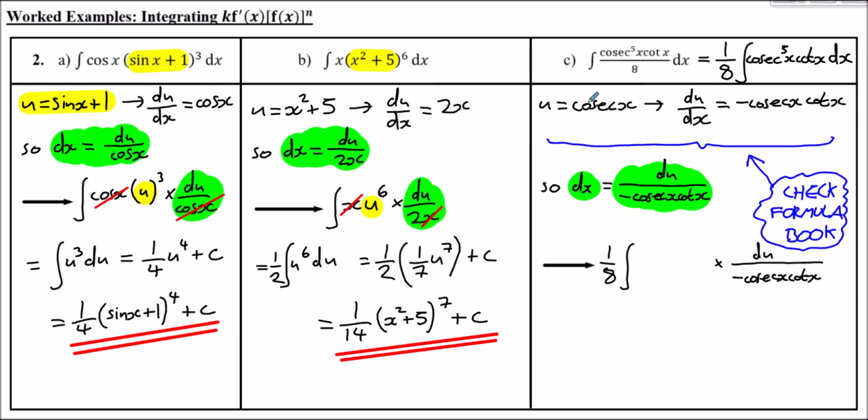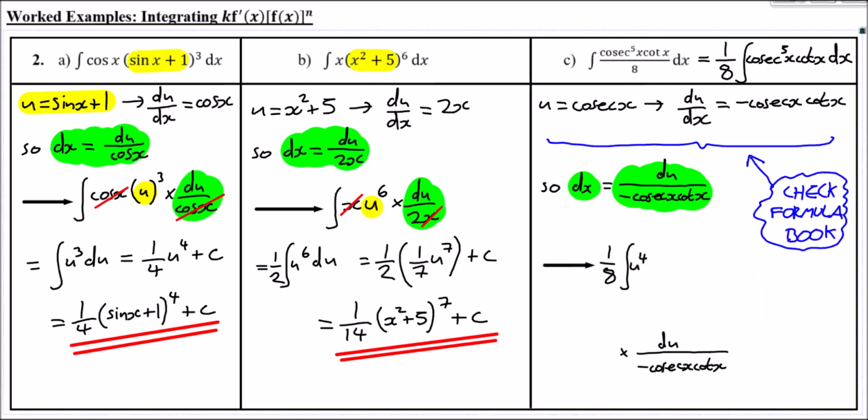Obviously I'm calling u to be cosec x. So what I'm going to do here, I'm going to write it as u to the power 4 times an extra u. So u to the power 4 times u. So I've got an extra cosec x left now, which can now cancel off after. I'm not going to leave myself enough space yet again, so if I just move that here for a second.